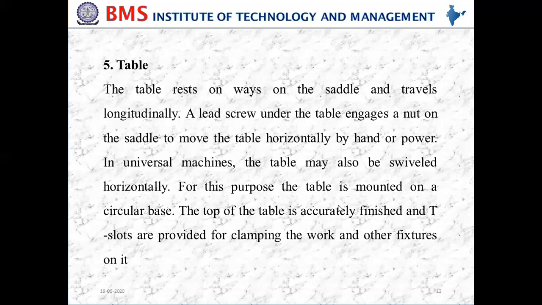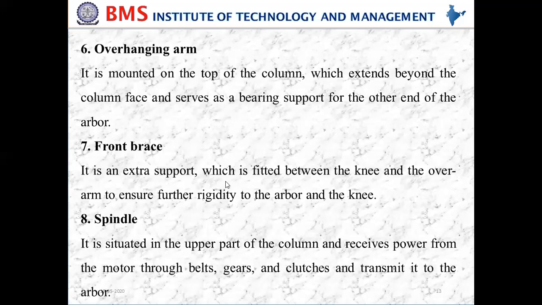For this purpose, the table is mounted on a circular base. The top of the table is accurately finished, and T-slots are provided on it for clamping the workpiece and other fixtures.